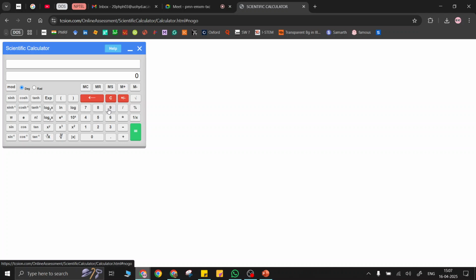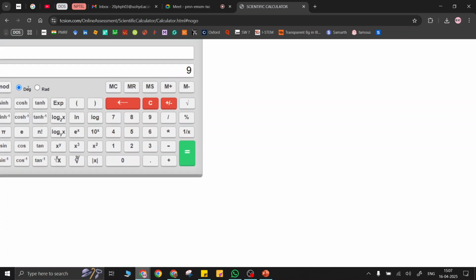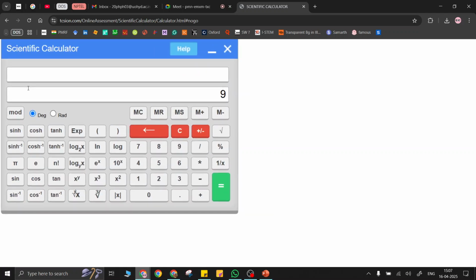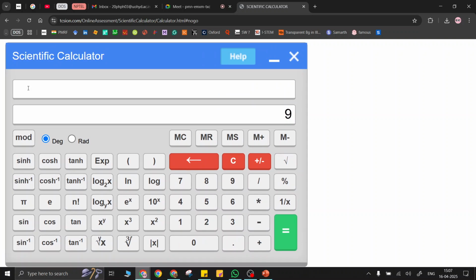If I want to take sine of 90, say, notice that we have two options here for angle. One is degree, another is radian. Be cautious about which one is kept selected. I'll maximize it a little bit, I think this is better.